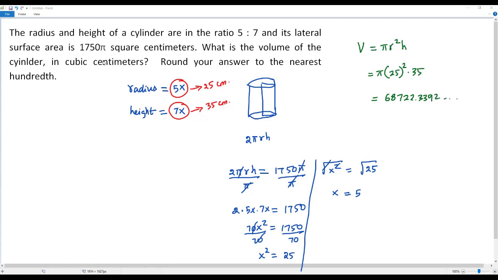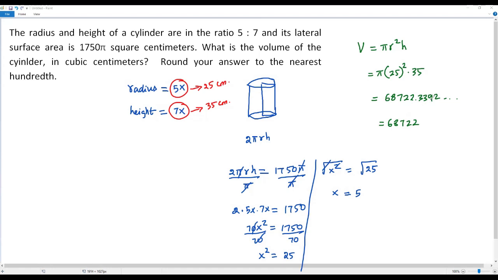Okay, now according to the instruction, we have to round our answer to the nearest hundredth. Nearest hundredth means two digits to the right of the decimal point. So then we get 68,722.33 and here the thousandths place is 9. When I round a number to the nearest hundredth, I have to consider the digit in the thousandths place.